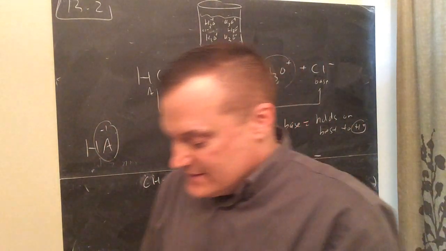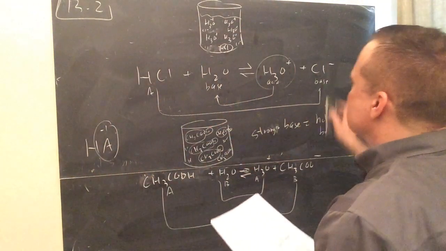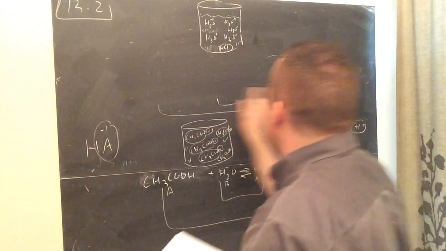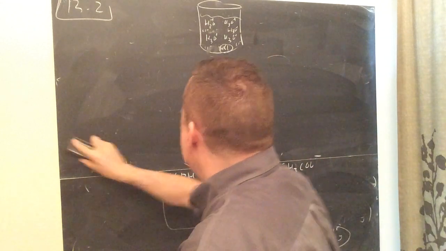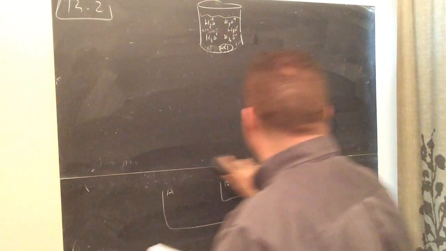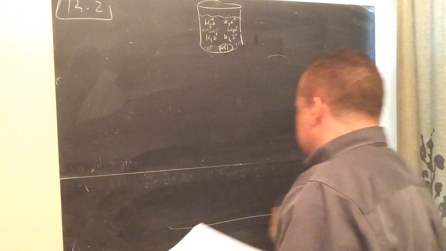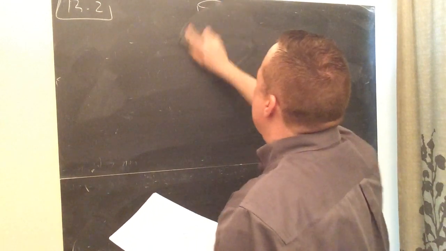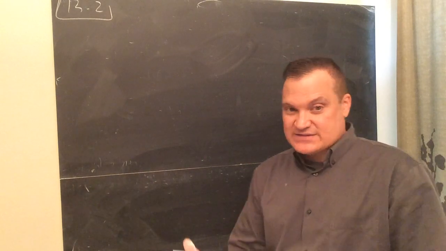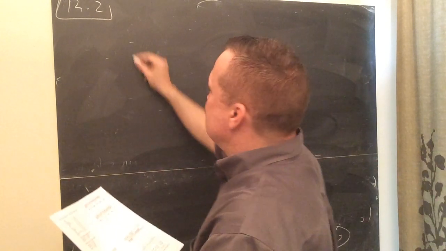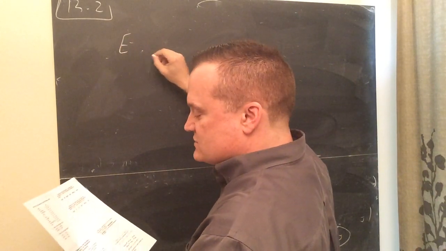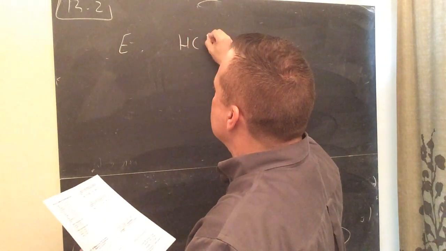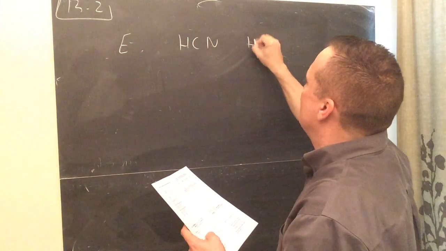Okay, so now let's go through letter E. This is more like a little multiple choice thing, and it probably is in a multiple choice on AP. But I don't remember seeing this on any essays, and I'm not going to give you an essay on this. Letter E says, which is the stronger acid, HCN or HClO2?